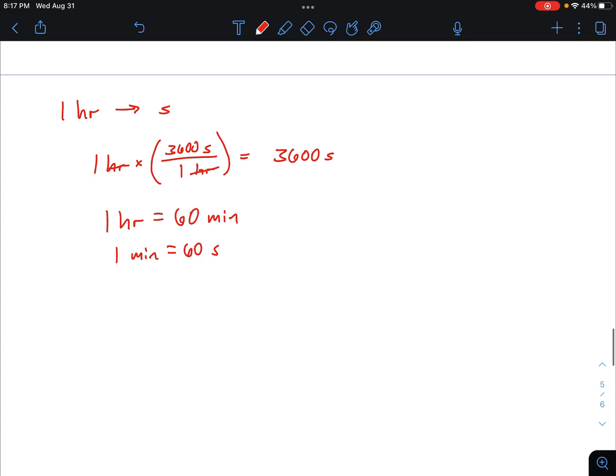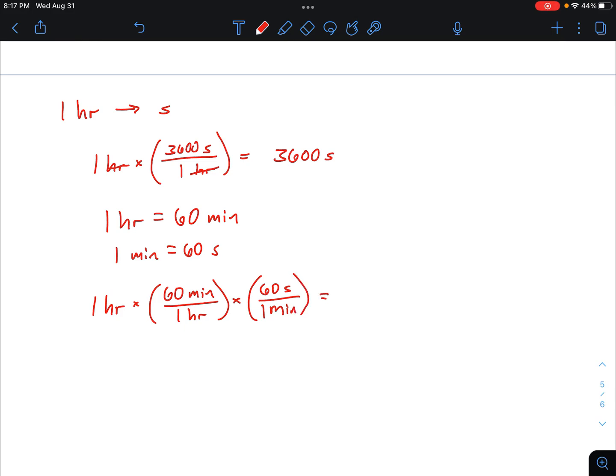So you could take 1 hour and multiply it by 60 minutes per 1 hour, and then multiply this by 60 seconds per 1 minute.